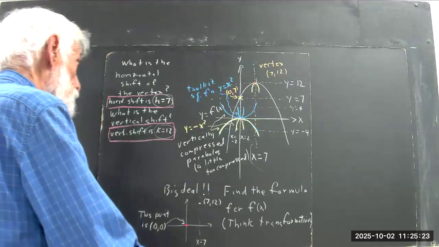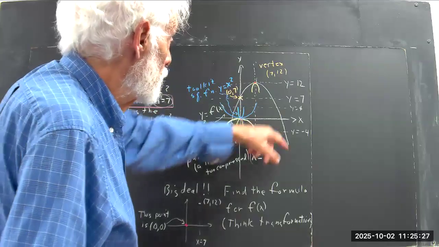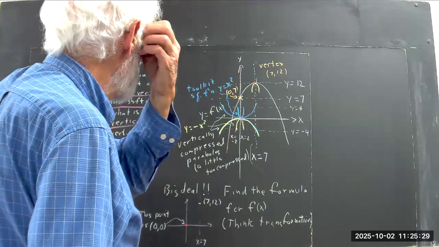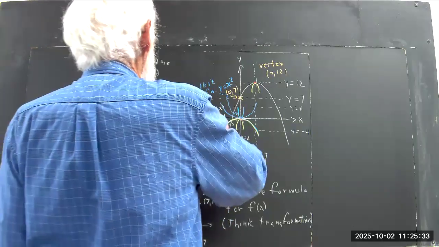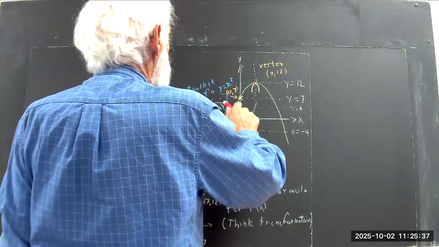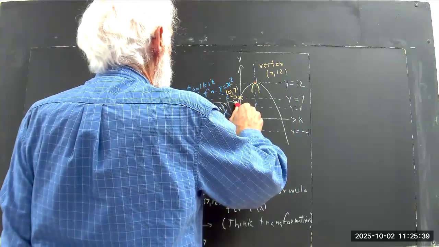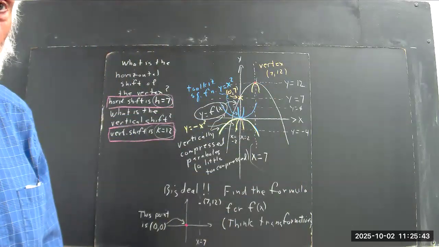Now the point 0, 7 is on the graph of our function y equals f of x. I labeled this thing y equals f of x, and now I've almost hidden the labeling. Make sure we understand that this is the f of x function, right?